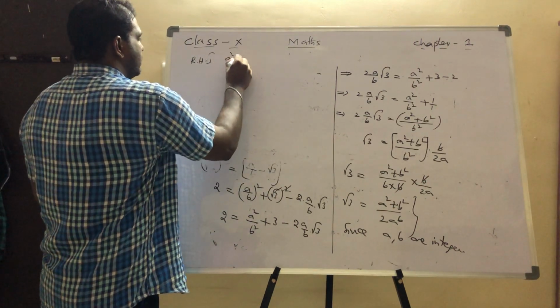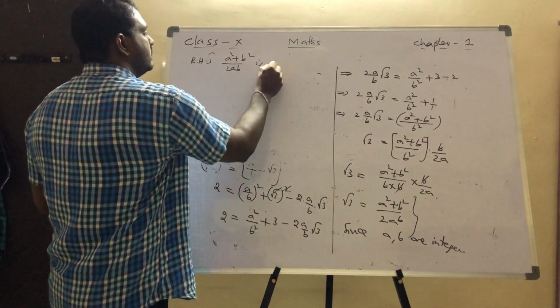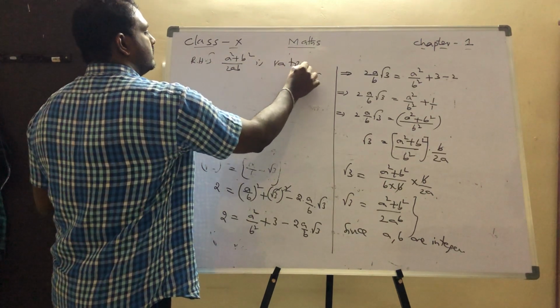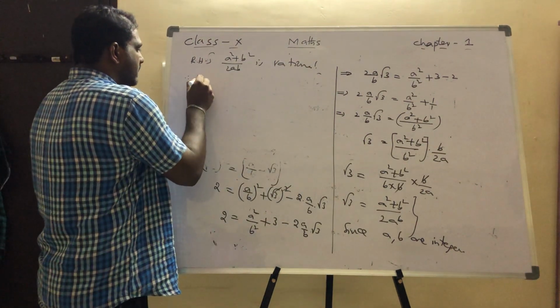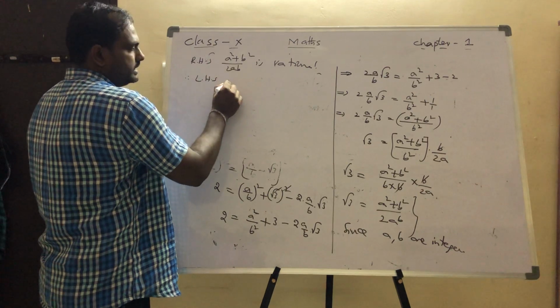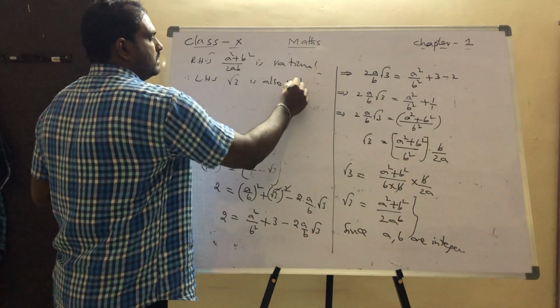A square plus b square by 2ab is rational. So therefore LHS, what is LHS? Root 3 is also rational.